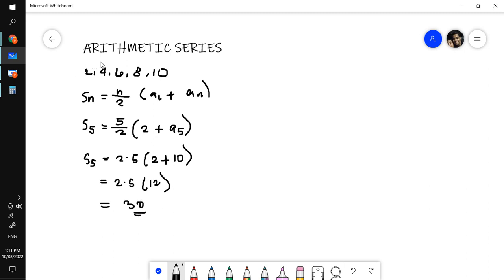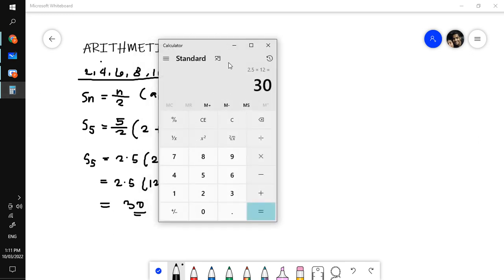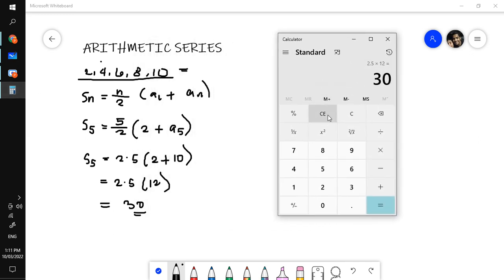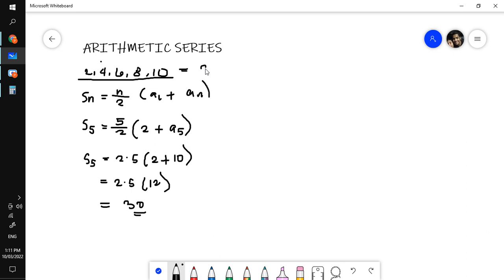Or we can do that by adding these numbers, 1, 2, 3, 4, 5, since these are the first 5 terms of our sequence. So let's try to add. We have 2 plus 4 plus 6 plus 8 plus 10. We will still come up with the same answer, which is equal to 30. So it is your choice whether you use the formula or you manually solve without the formula.